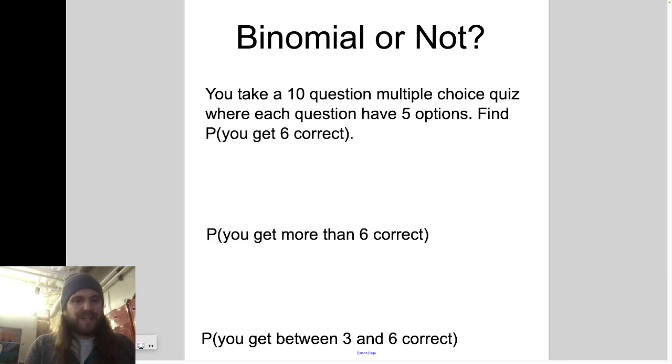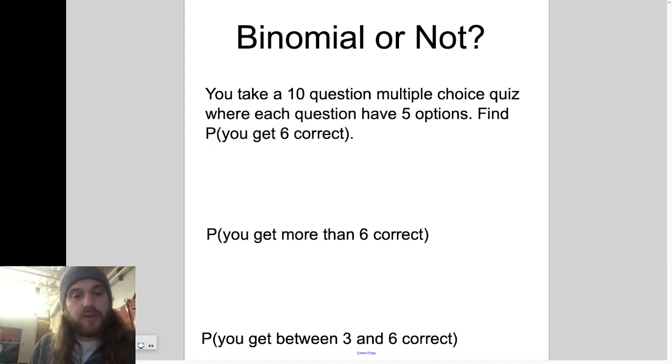Assume we're randomly guessing on each question. If I guess on the first one, does that change my probability of guessing right on the second one? The answer is no. So we know that these guesses are independent from one another.